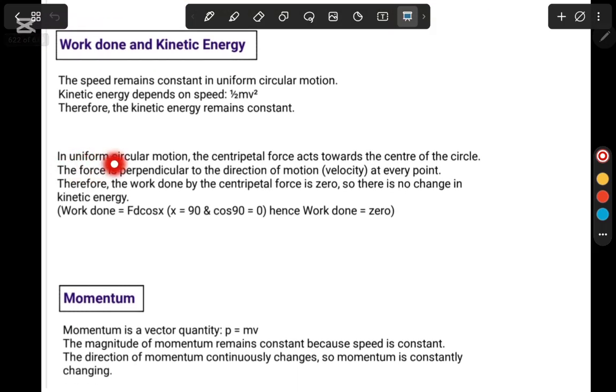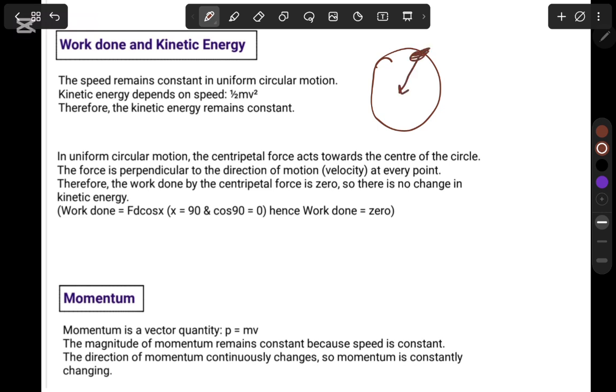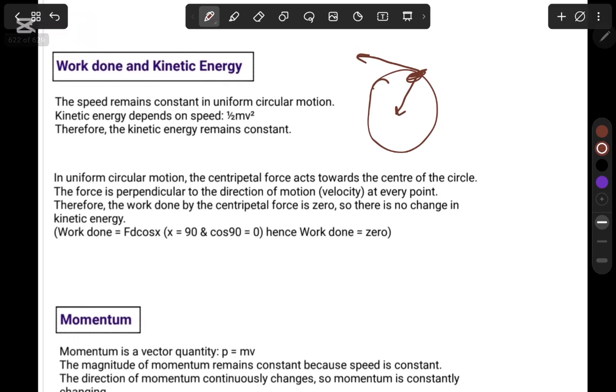Now remember, in uniform circular motion, the centripetal acceleration is going to act towards the center of the circle, and the force, the centripetal force, is perpendicular to the direction of motion. So this is going to be the velocity at this point. Let's say this is point A. So this is going to be the velocity, this is going to be the force, right?